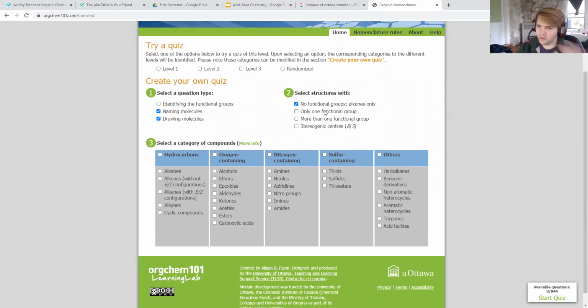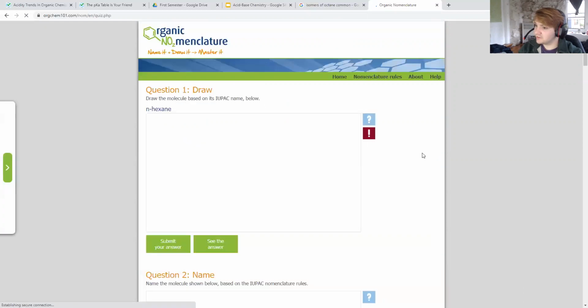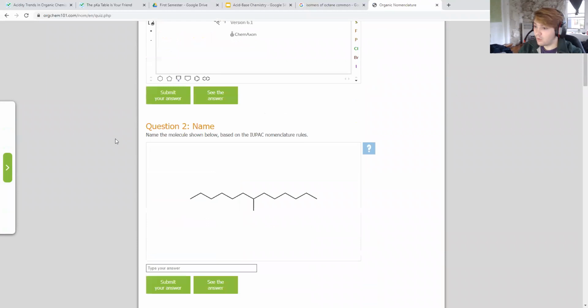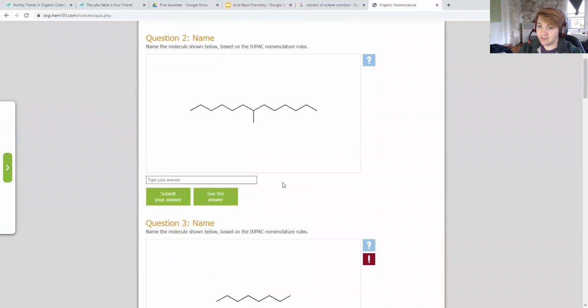Oxygens, chlorines, fluorines, that stuff, not yet? No? Okay. And then from there, you can also customize further. When you guys start learning more, you can start putting it in. And what it does is that it generates either the name and you have to put it in, or it generates the structure and you have to name it. So it's really good.